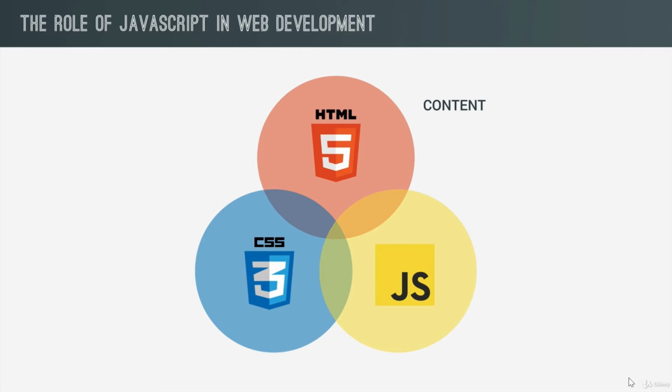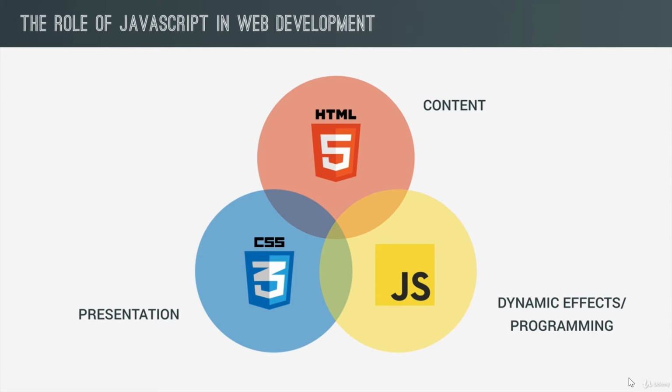So the text, the images, the buttons, and all the content that you see on a web page is always written in HTML. Then CSS, of course, is responsible for the presentation of that content, so basically for styling and laying out the elements on the web page. And then finally, JavaScript is the real programming language that allows developers to add dynamics into the picture, like interactive effects, manipulation of the content or of the CSS, and much, much more.